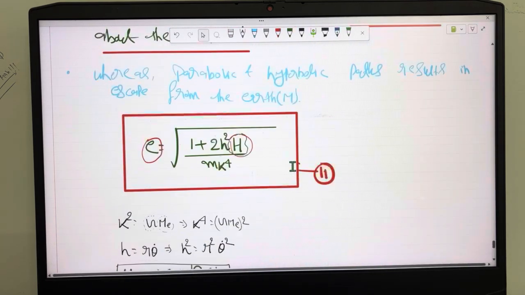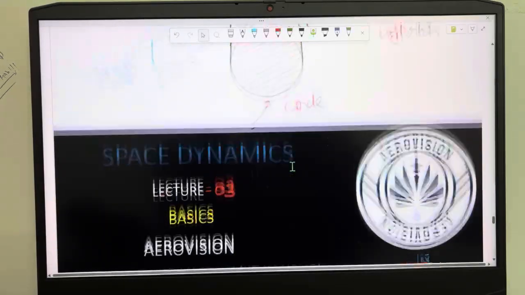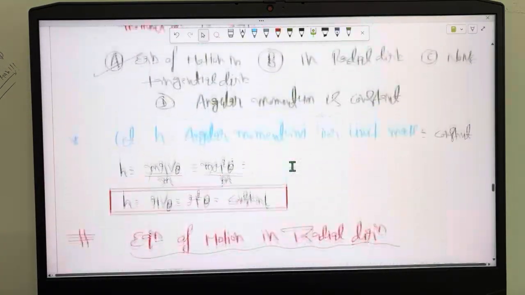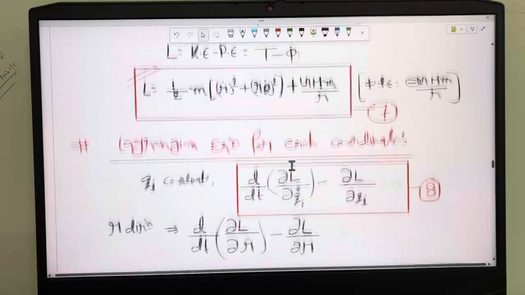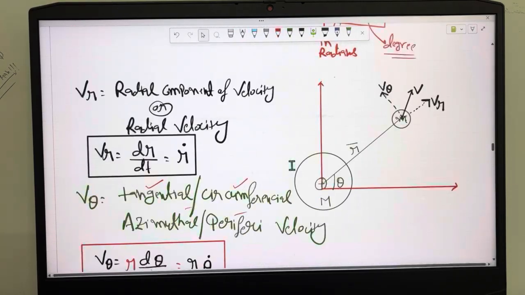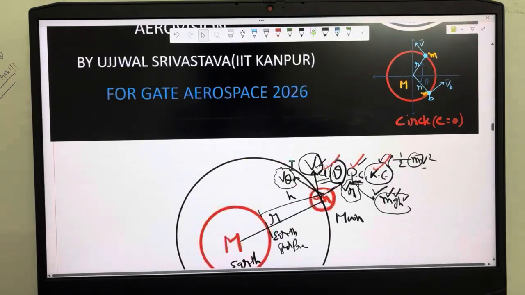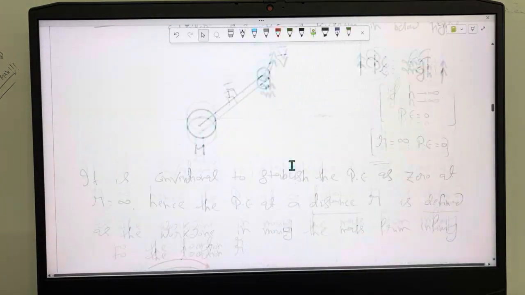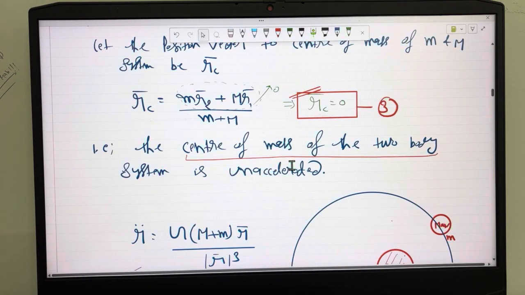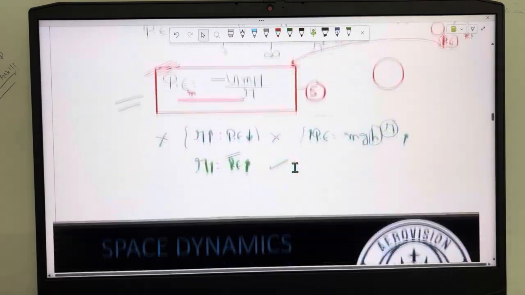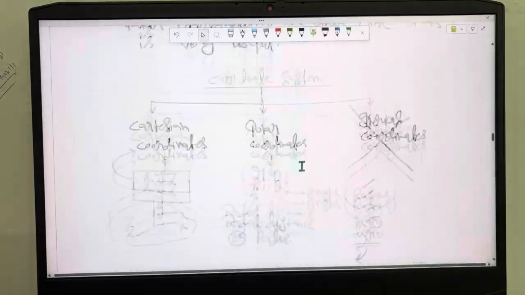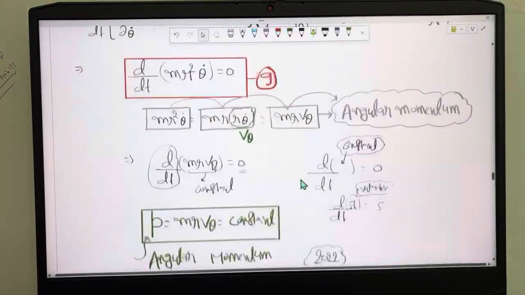Till here the questions can come for 1 mark or sometimes 2 marks, but mostly 1 mark. Or they can also ask in MSQ, where different options are given for true or false, and you have to select the answer.